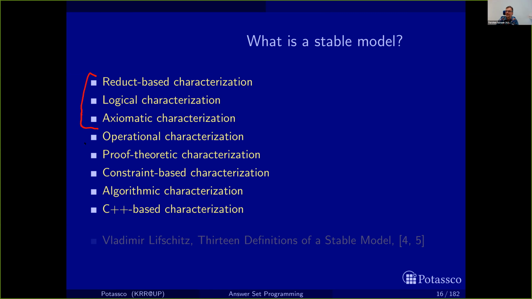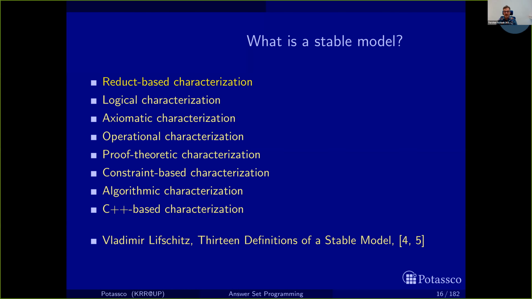On the other hand, there is a very interesting piece of work, as always, by Vladimir Lifschitz, a work which changes its title, because I think now it has the title 13 Definitions of a Stable Model. I think this here were the 12 definitions, that's the 13th, and who knows, I'm pretty sure that Vladimir can come up with even more, and perhaps he will. Okay, so in case you want to check this out, these are all formal definitions.